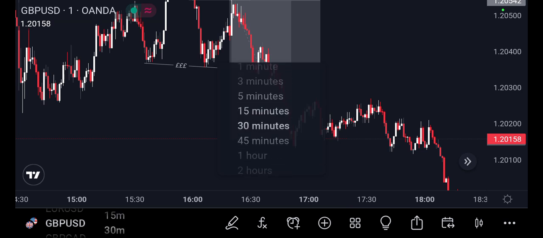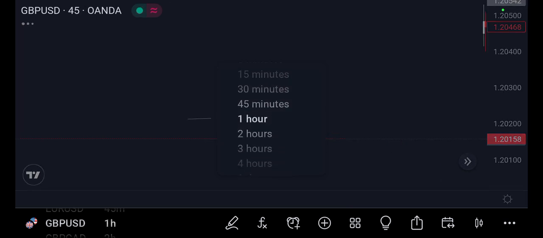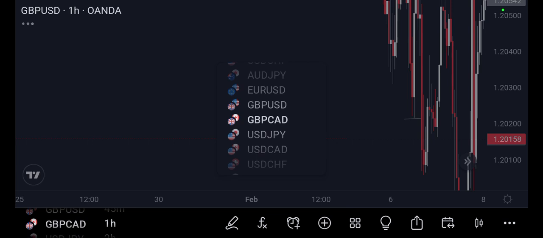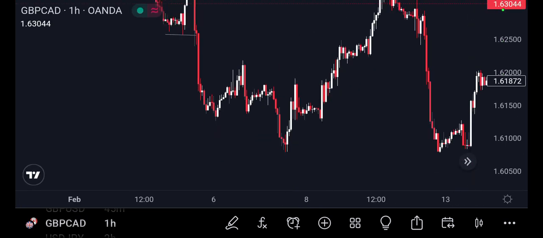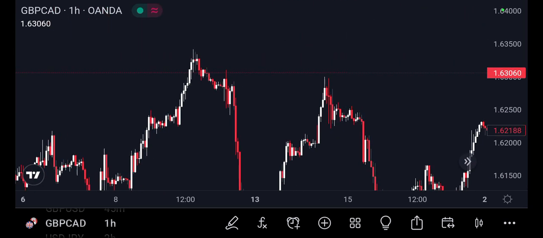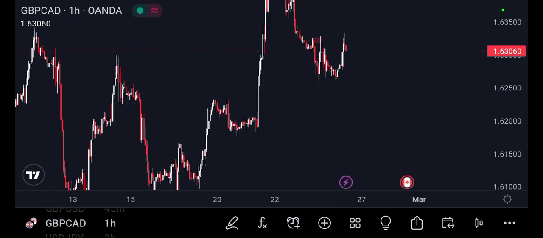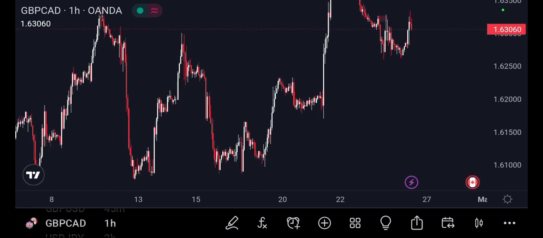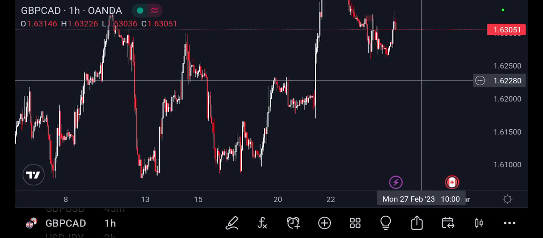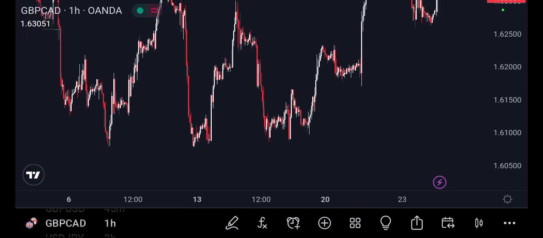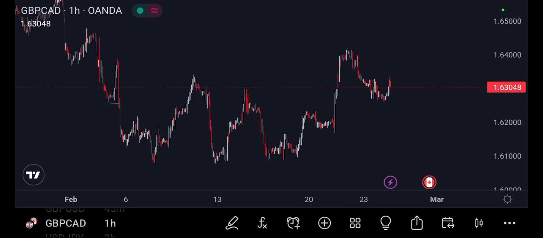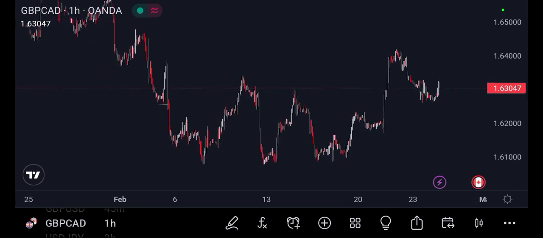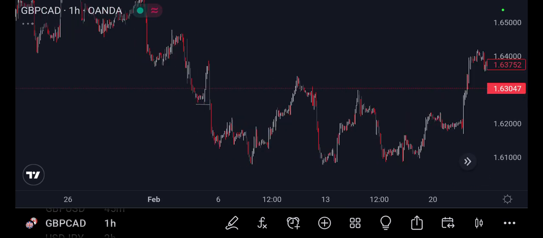So let's now check on another time frame. Let's check on that pair, GBP CAD. Let's see what we have here. Okay.